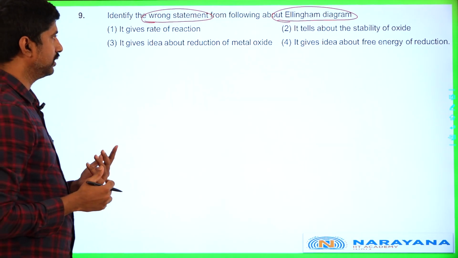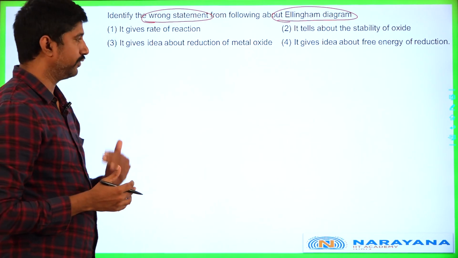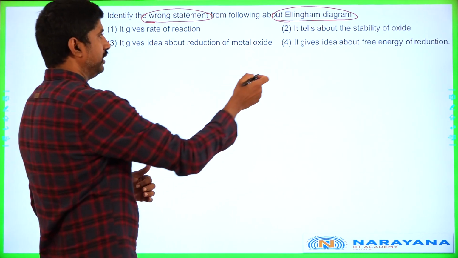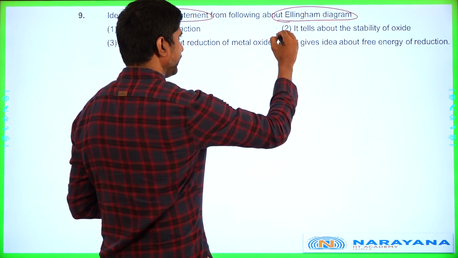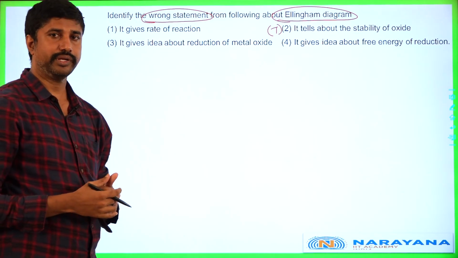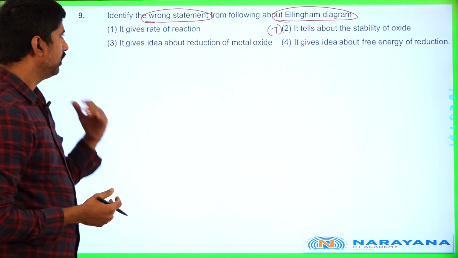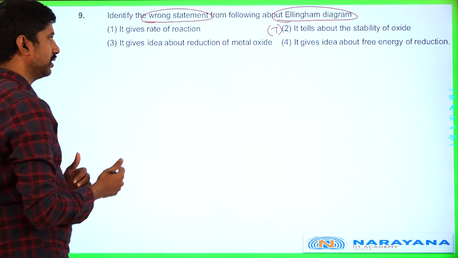Okay, it gives the rate of reaction. And it tells about the stability of oxide. Yes, it is given, because based on delta G and decomposition temperature, we can decide whether the oxide is stable or not. It gives idea about reduction of metal oxide.